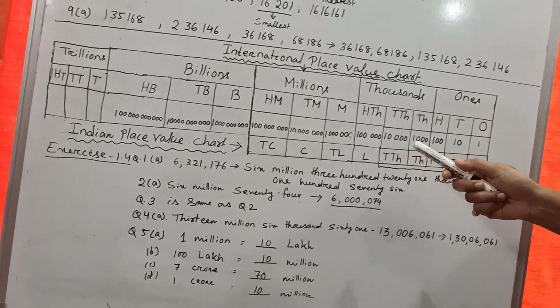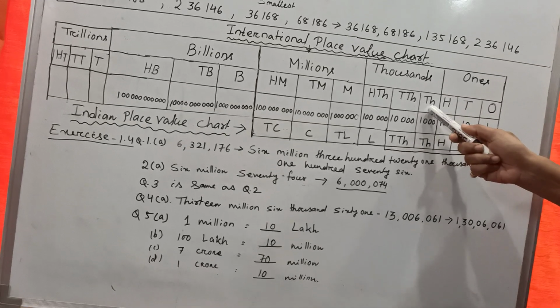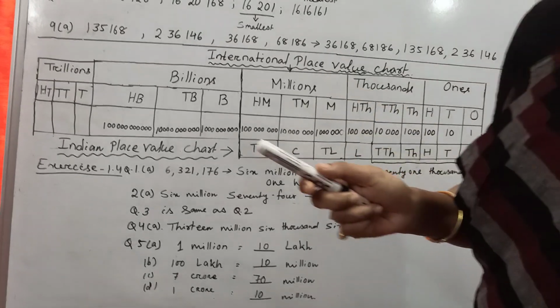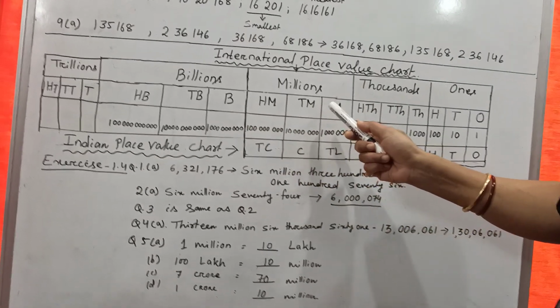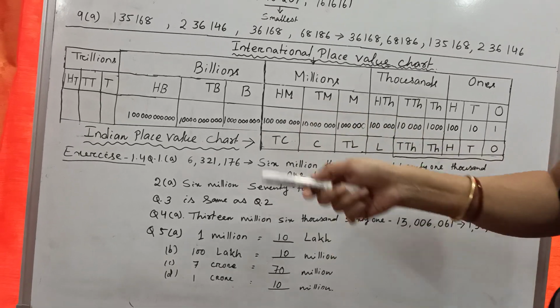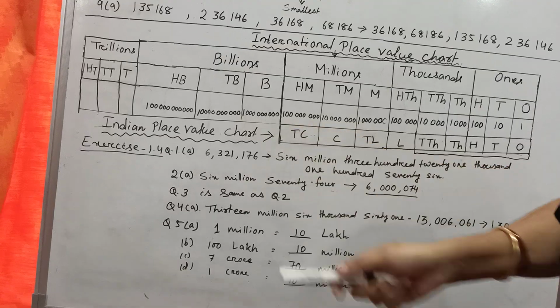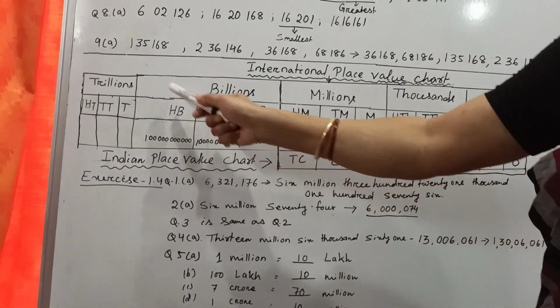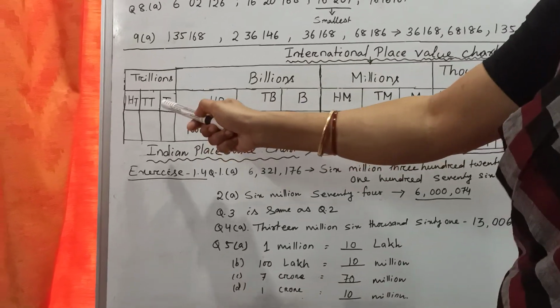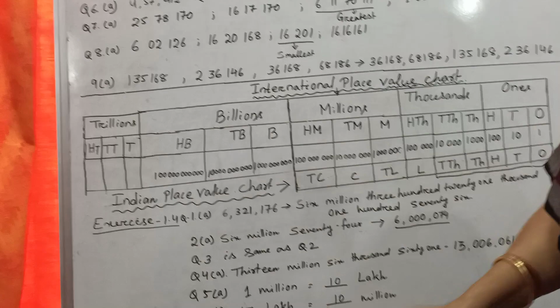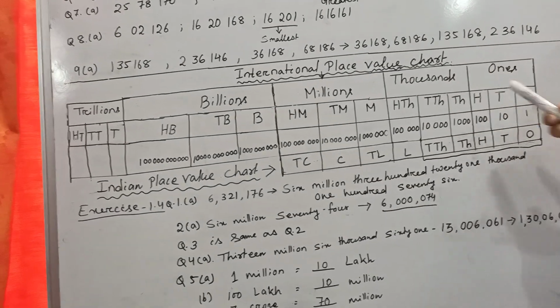Thousand period is divided into 3 parts: 1000, 10,000, 100,000. Millions also divided into 3 parts: million, 10 million, 100 million. Similarly, billion: billion, 10 billion, 100 billion. Then trillion: trillion, 10 trillion, 100 trillion. So each period is divided into 3 parts.